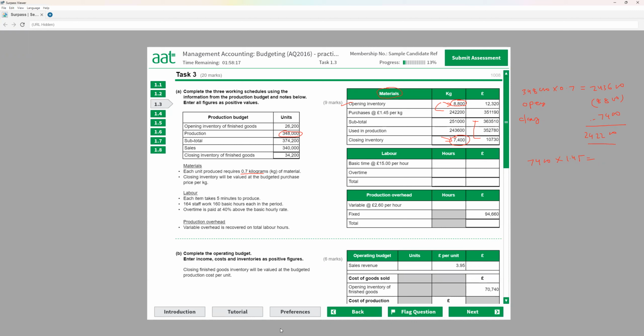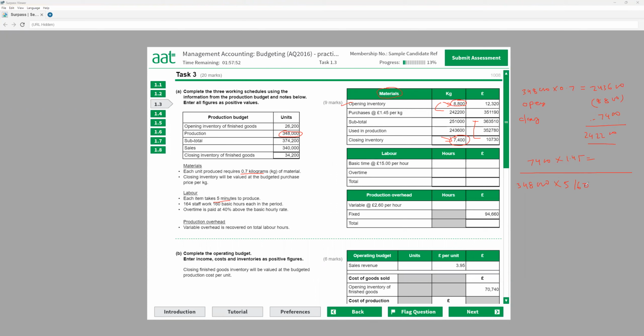All right, the next one we have is labor. The question said basic hour is 15. So let's find out how many labor hours we need. So we have a production of 348,000 units, and per unit needs 5 minutes. And we have to divide by 60 to convert this into hours.